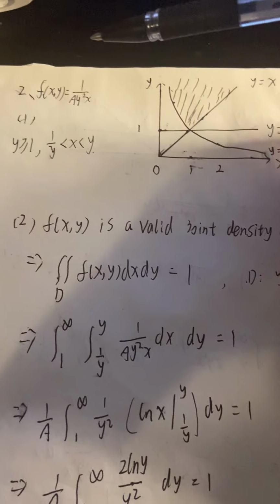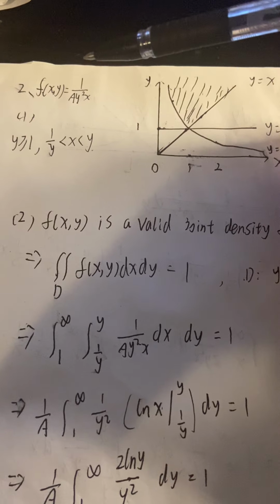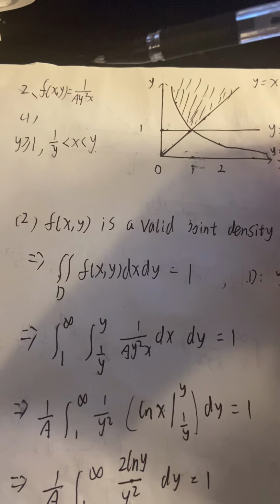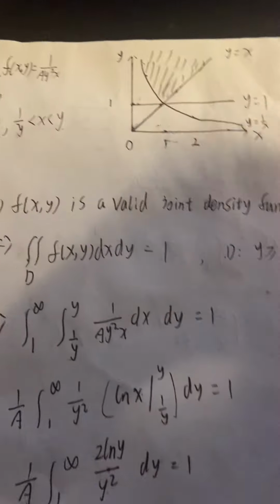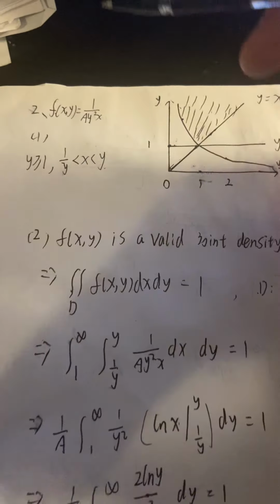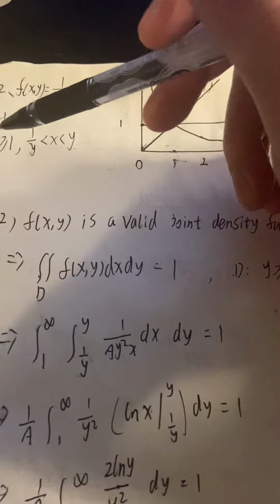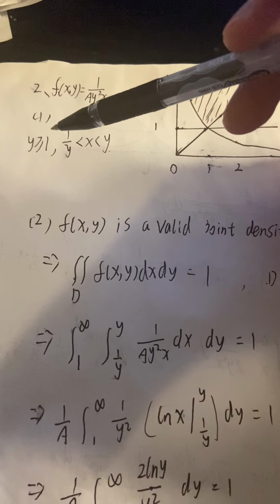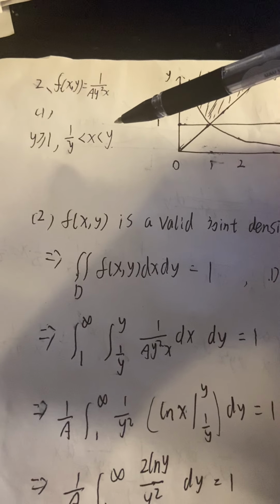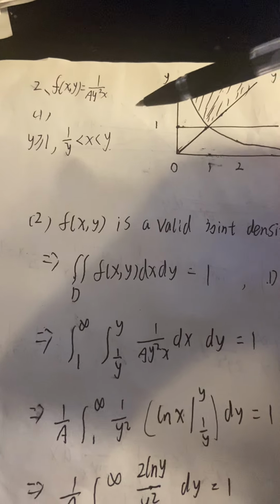The first question, we need to draw the non-zero definition region of f of xy. So we know y is larger than or equal to 1 and x is between 1 divided by y and y.